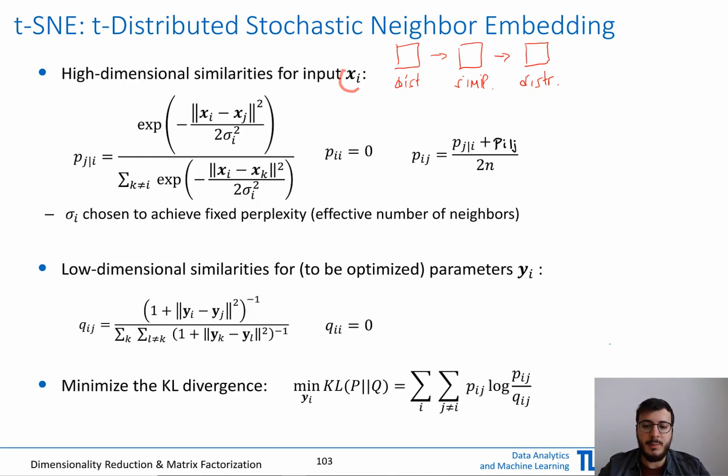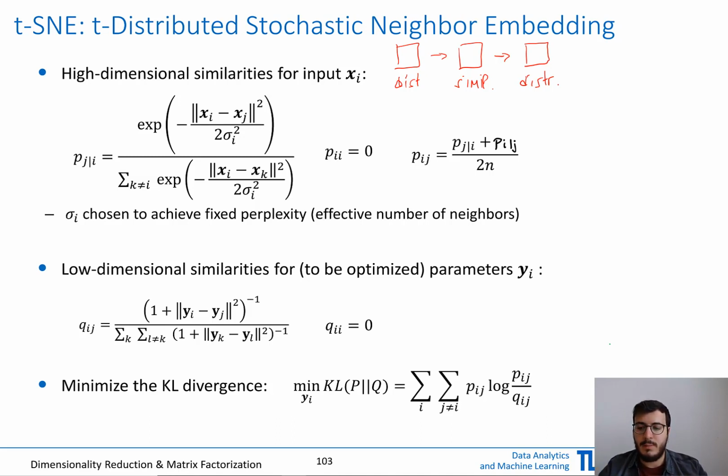Okay, so let's see how we do this. Well, first we take a data point xi, we compute the distance to xj, and let's say this distance is measured as the Euclidean distance between the high dimensional vectors. And we take this distance and we transform it into a similarity via the following function. The way you can think about this function is that essentially we're putting a Gaussian distribution around the data point xi, and we're converting distances to similarities via this Gaussian.